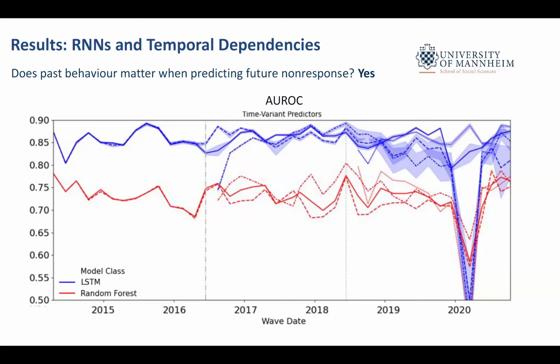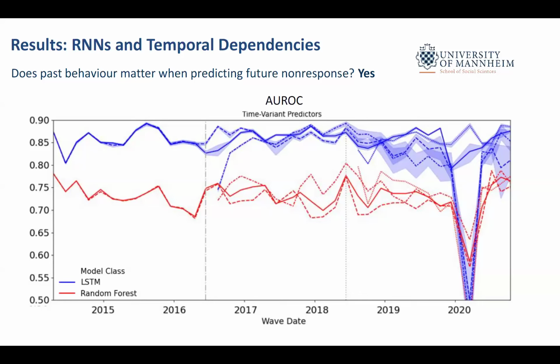Well, what we have here are two models. The random forest, which is something that's been shown to be a very effective model, and a long short-term memory, LSTM, which is a kind of recurrent neural network. Both models have access to the same data, but the long short-term memory model can receive a time series of data and can exploit patterns that it detects in the time series.